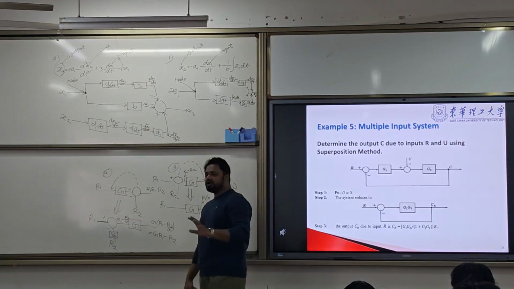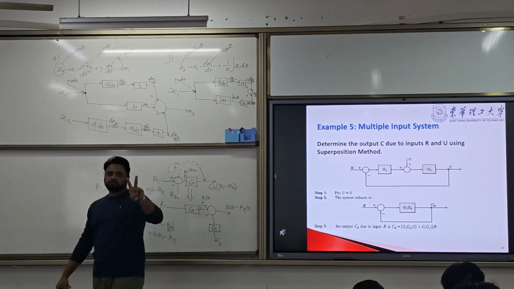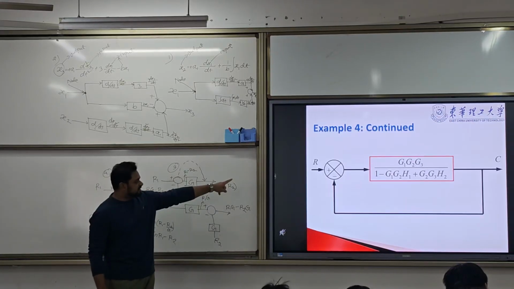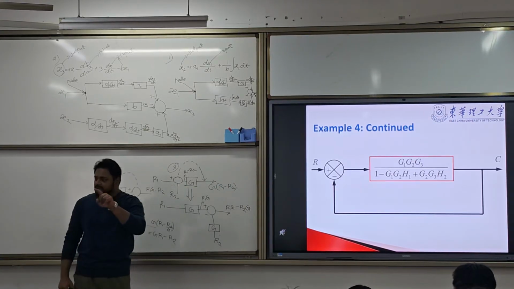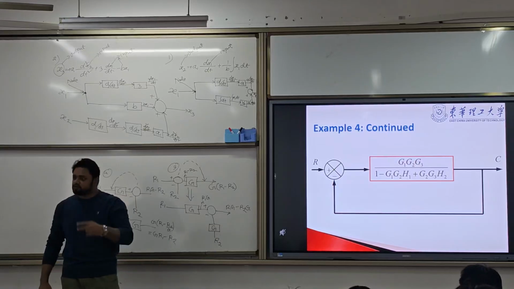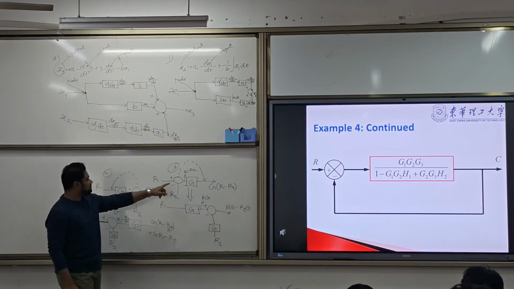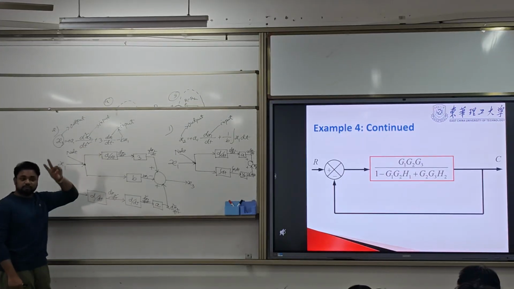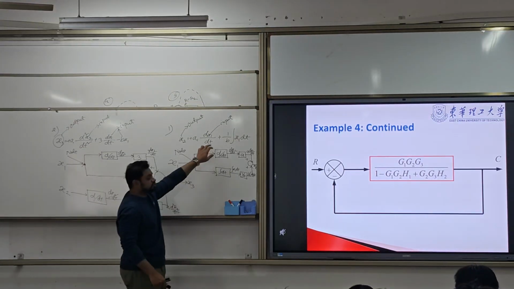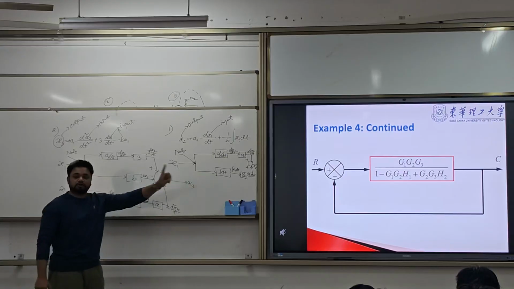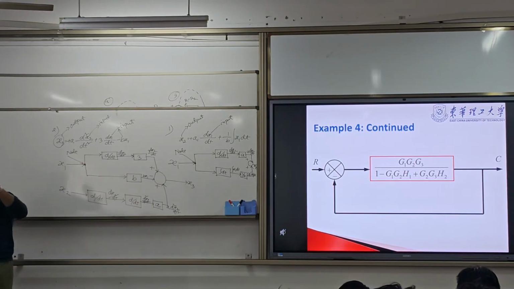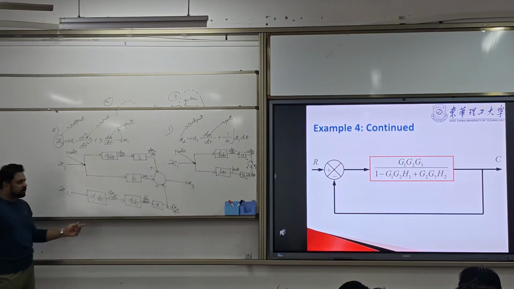Now, so far what we have seen, it is one input. What is that? That is R, only one input. If we have more than one input, two inputs, like X1, X2, how do you solve it?